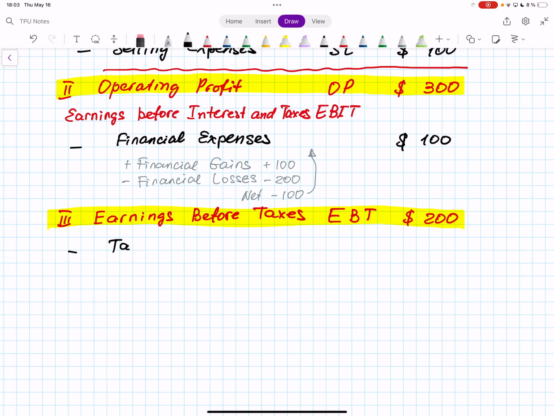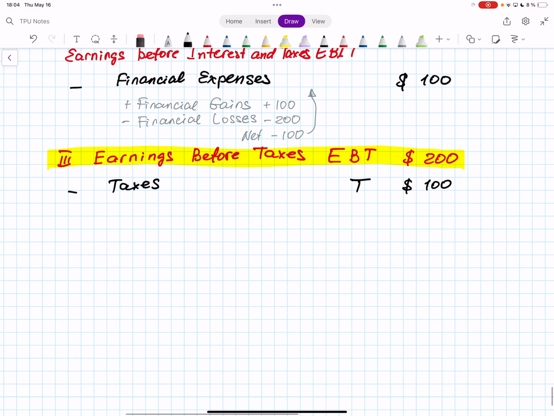Taxes. So the last but not least are our taxes. Let's say that our taxes, we will call them T, are about 100. In this case, we get the fourth type of profit, which is net profit, NP. 200 minus 100 equals 100 of net profit.